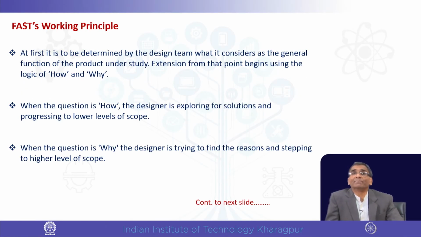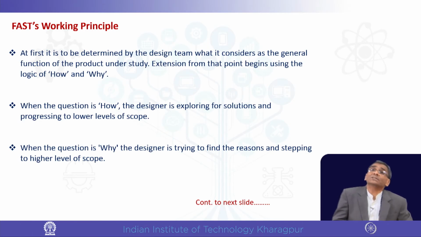So, what is the working principle? At first, it is to be determined by the design team what it considers as the general function. The general function is the overall, ultimate function of the product. Then there would be other general functions subsequently, comprised of other functions, sub functions, and again sub functions.